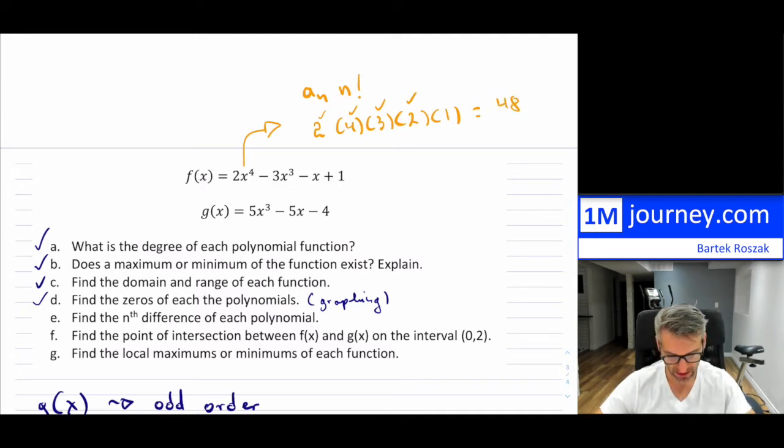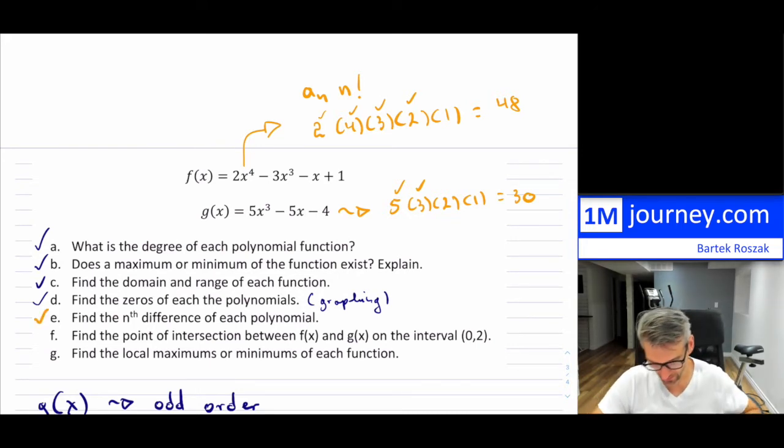Okay, that would have been the nth difference there. Then for your second one, a of n is 5, and then it's 3 factorial, so 3 times 2 times 1, so 5 times 6 is 30. So those are your answers for the nth difference of the polynomials.